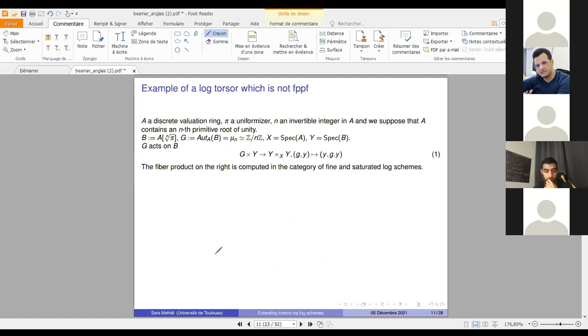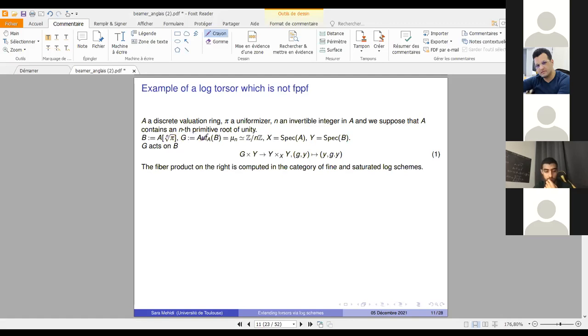Now, I will give an example of a log torsor which is not an fppf torsor, to see that adding this log structure really adds new torsors. So I take A to be a discrete valuation ring with a uniformizer denoted b. I write B for this ring. In fact, this is also a discrete valuation ring with uniformizer given by the nth root of b.